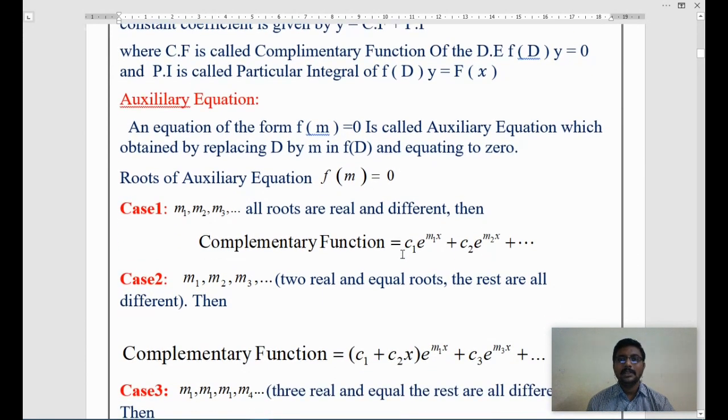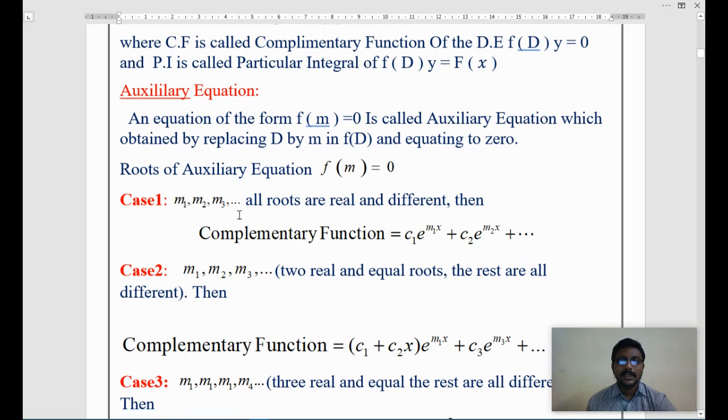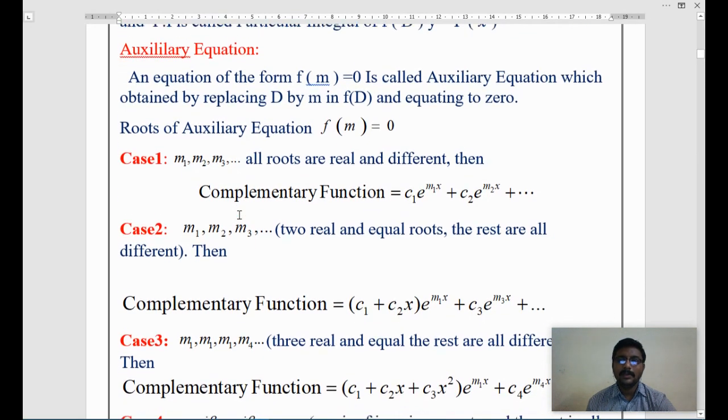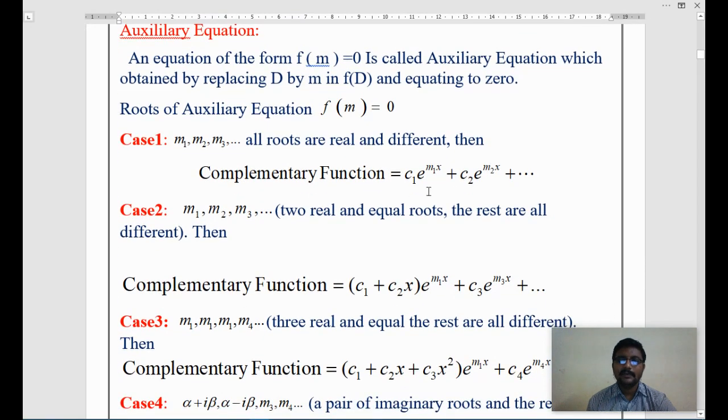Now depending upon the nature of the roots, we have to take the several complementary functions. Real and different: if all the roots of the auxiliary equation are real and different numbers, then we define the complementary function as c1 e^(m1 x) + c2 e^(m2 x) + and so on. Suppose two roots are real and equal and the remaining roots are distinct.